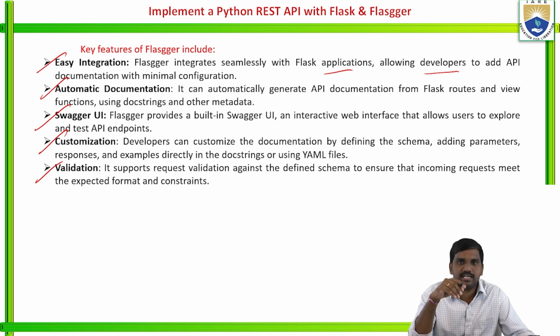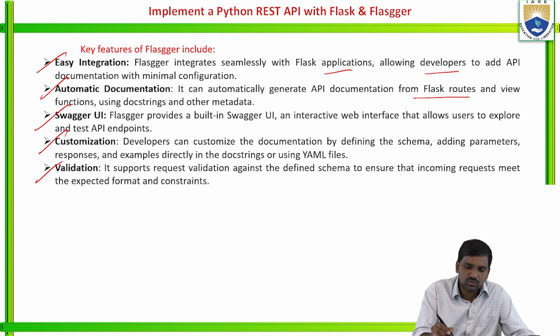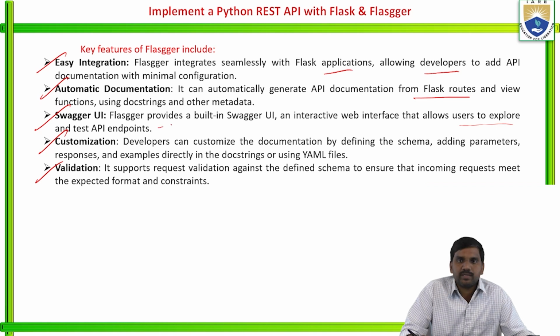Next, automatic documentation. It automatically updates and edits the documentation file. It can automatically generate API documentation from Flask routes and view functions using docstrings and other metadata. That is automatic documentation. Next is Swagger UI. Flasgger provides a built-in Swagger UI, an interactive web interface that allows users to explore and test API endpoints.